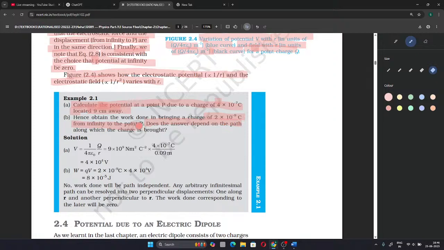Does the answer depend on the path along which the charge is brought? No, it does not depend on the path, as we know that the electrostatic force is conservative.